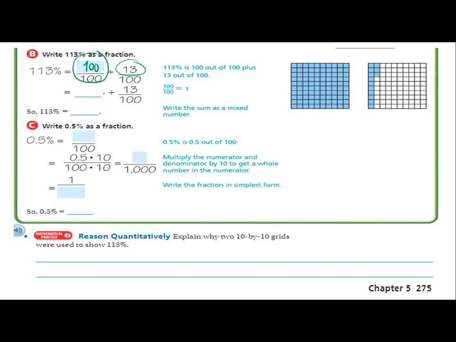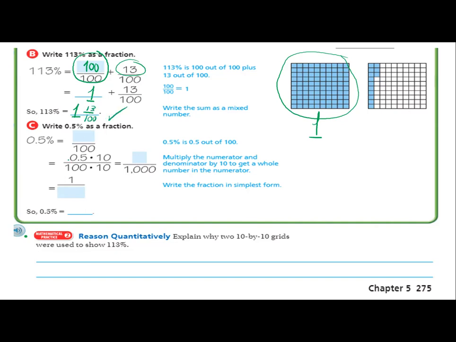Look, 100 small squares shaded, so it means one whole. One whole plus 13 hundredths. So the final answer is one whole and 13 over 100.